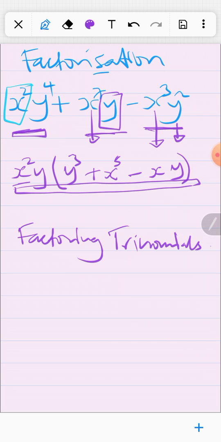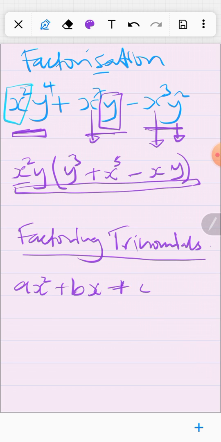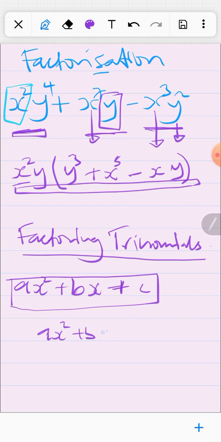There you go. A trinomial, also called a quadratic equation, is any expression of the form ax squared plus bx plus c. If something looks like this, it's a trinomial or a quadratic equation. It's an equation if it's equal to something.